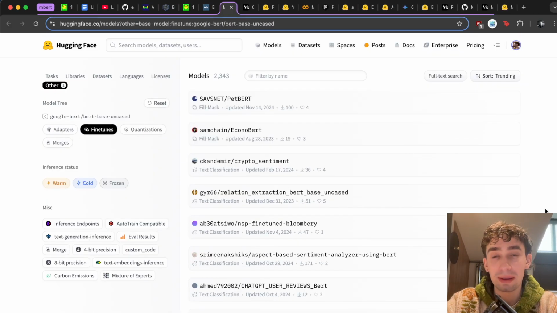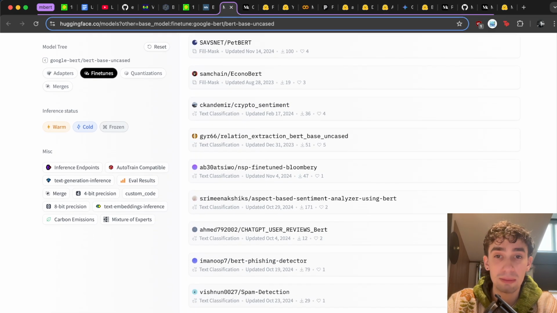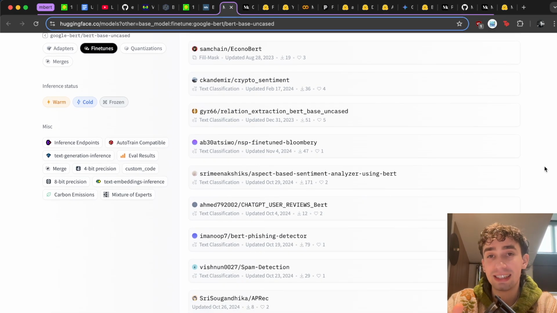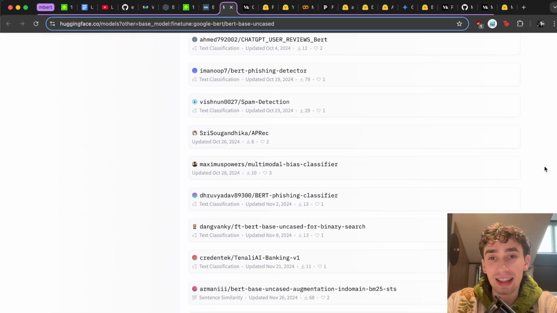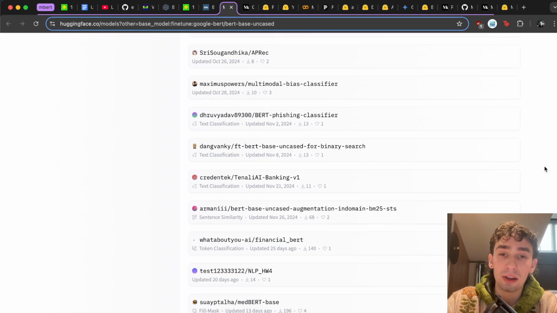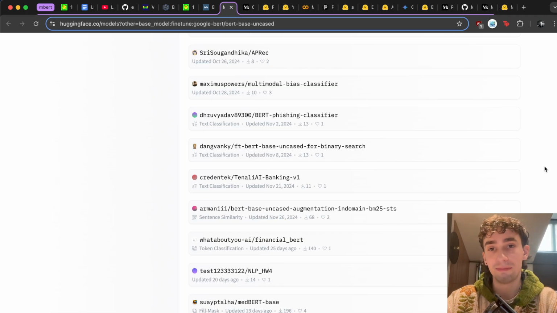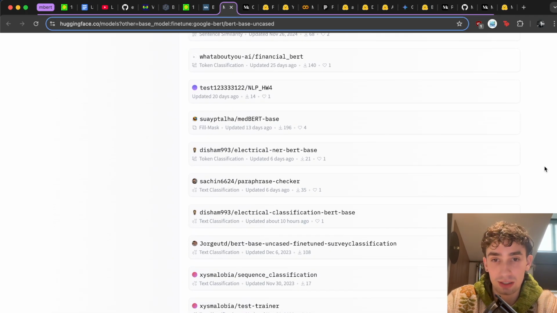With a small, lightweight model like this, you can fine-tune it for things like sentiment analysis, spam detection, even things like question answering, as all sorts of different classifiers, a whole lot of anything that you would need that requires understanding natural language.